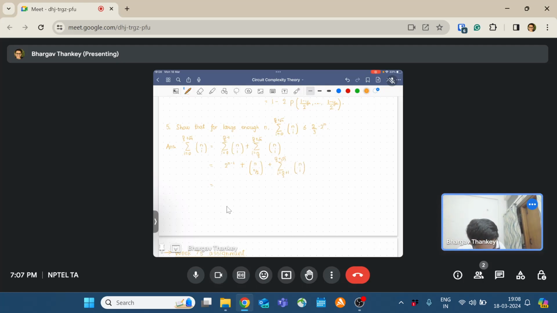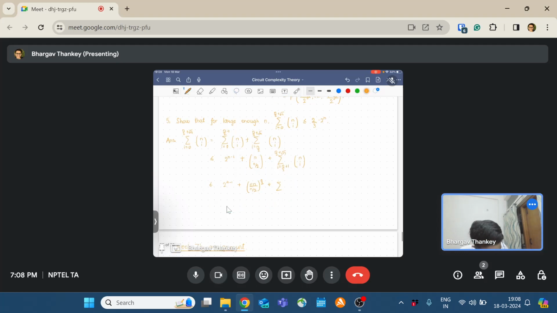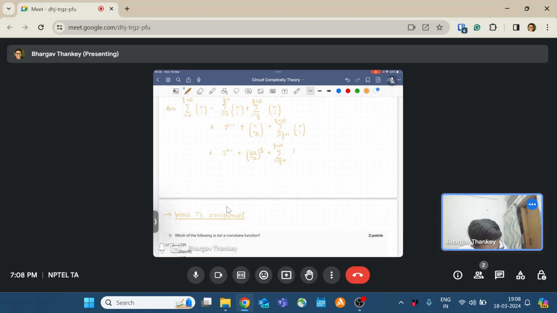Okay, we should level it first. Do I just split it like this?